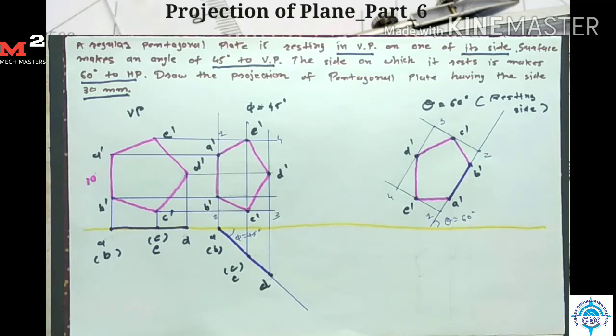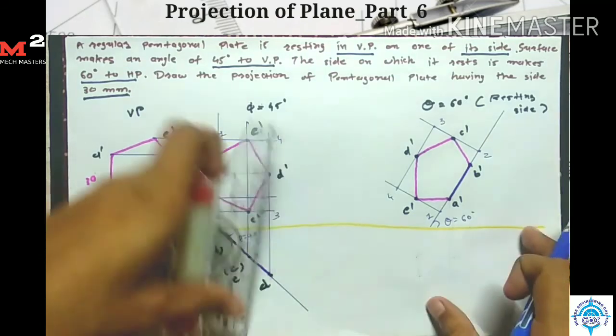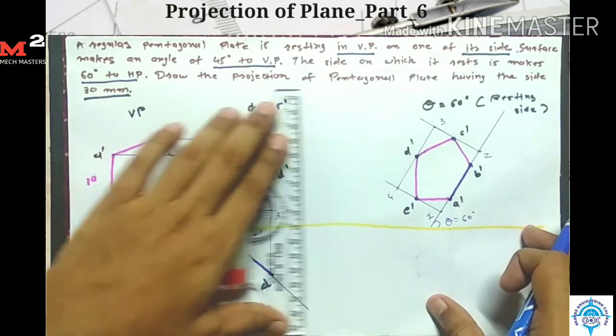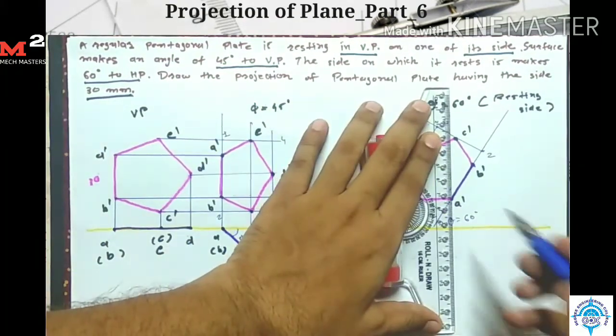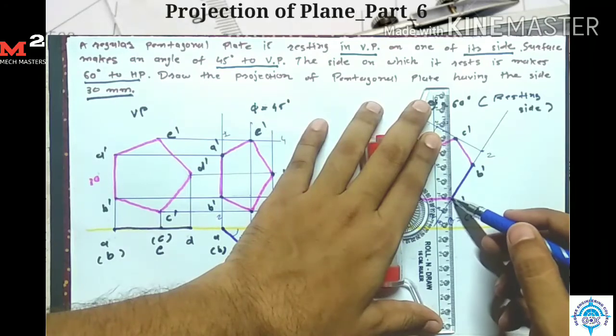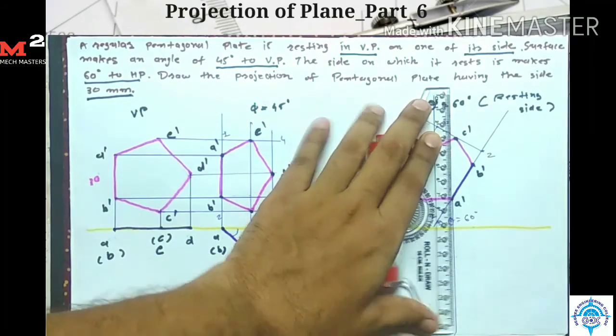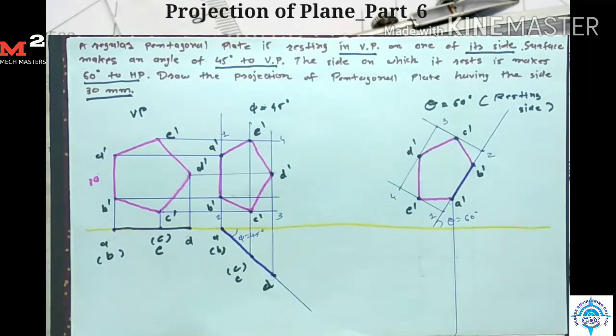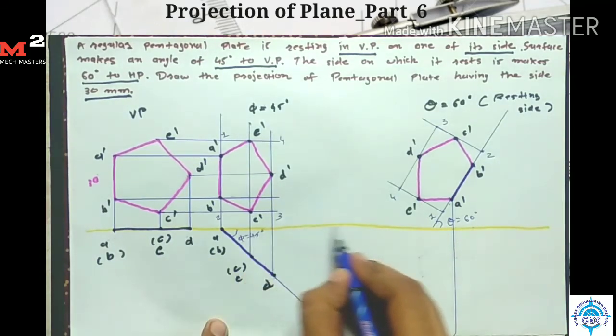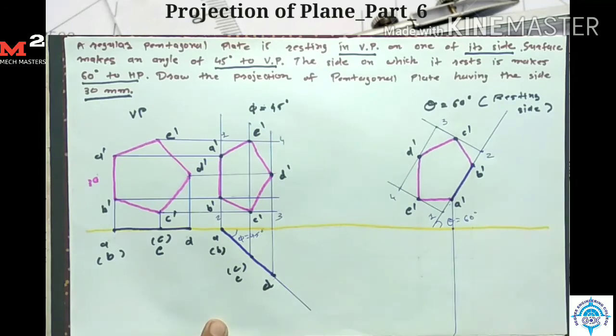Okay, now for drawing the top view, I simply take the projection. Okay, I start with the point A. For point A, I take the projection from here, and from here, so I get my point A here.